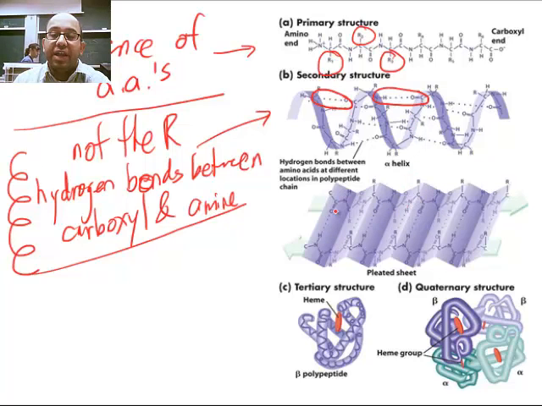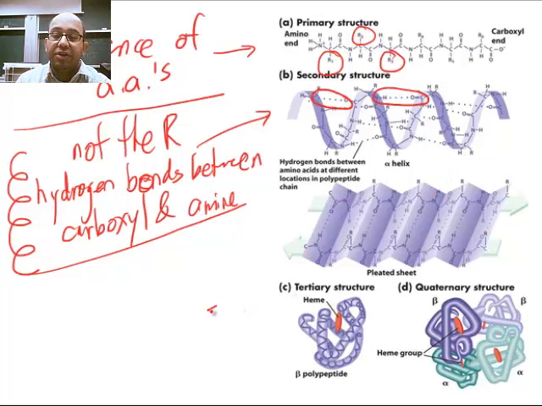For beta sheets, they interact more along long chains, and so you have a flatter structure, and they call them beta pleated sheets because they bend up and down in a zigzag pattern, but generally flat.